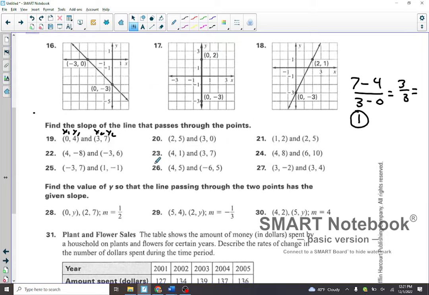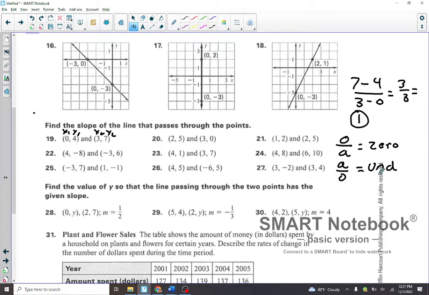Very important, though, one of these questions probably has this situation. If you get 0 over some number, I'll call it A, that means it will be overall a 0 slope. But if you get some number over 0 as your slope, that will be undefined.